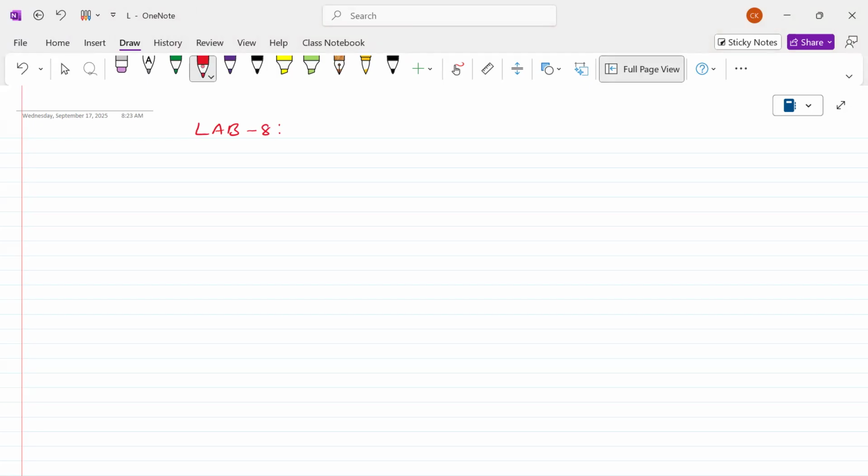Let us talk about the shift registers. In the previous class, we saw what a register is.